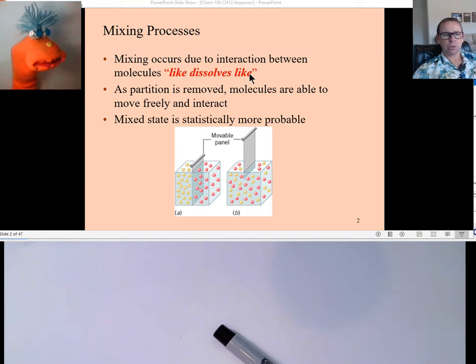Okay, very good. So, for example, if I had something like water and oil, why don't they mix together very well? Water has dipole-dipole, actually hydrogen bonding, right? That's right. What does oil have? Well, oil is pretty much just long chains of carbon. I don't know if that helps you.